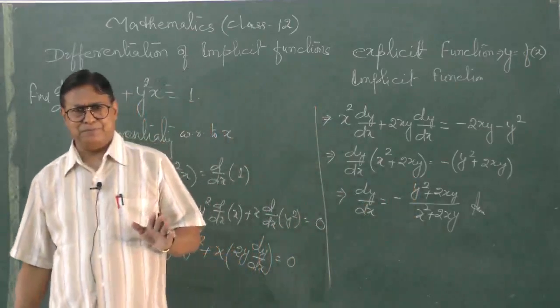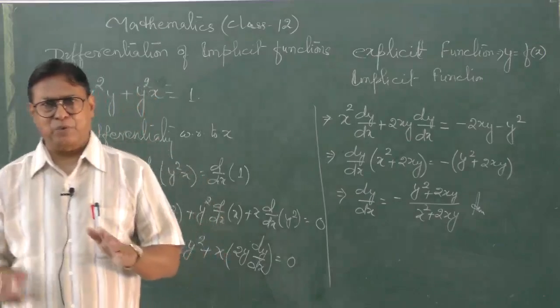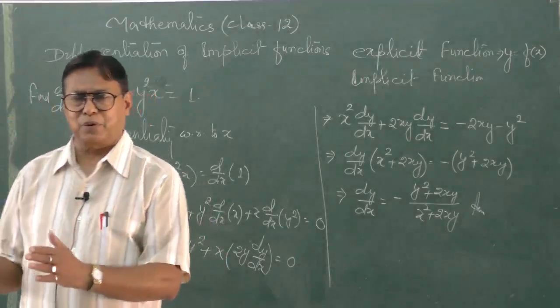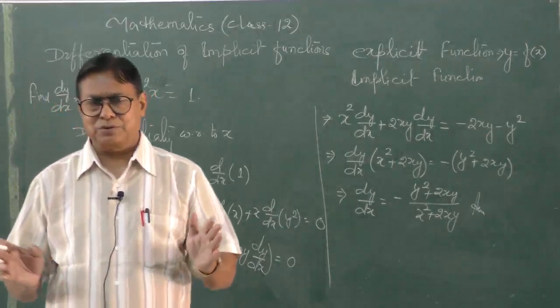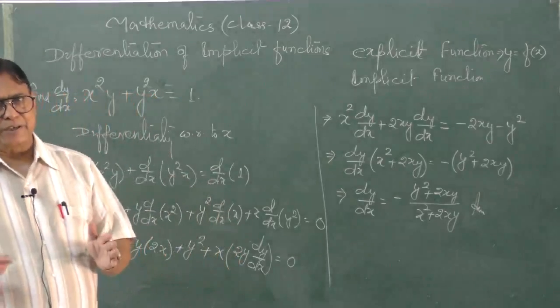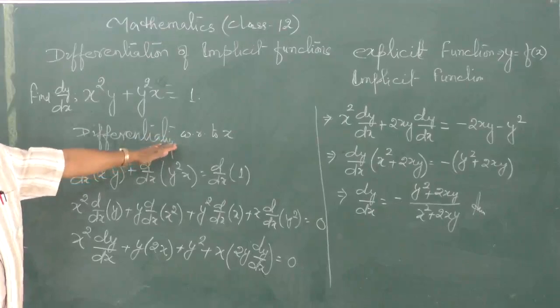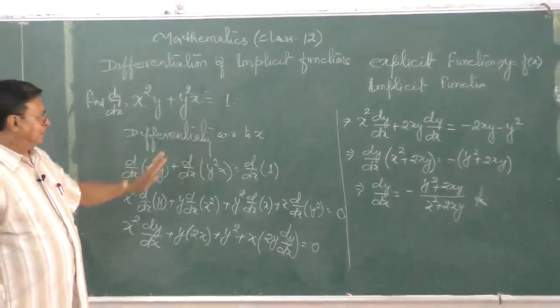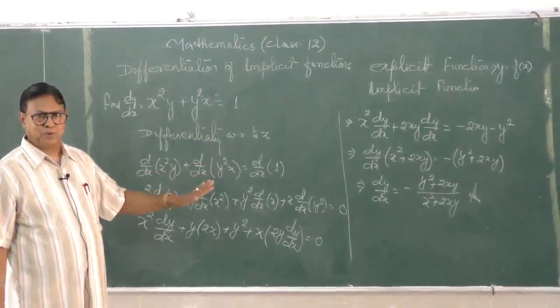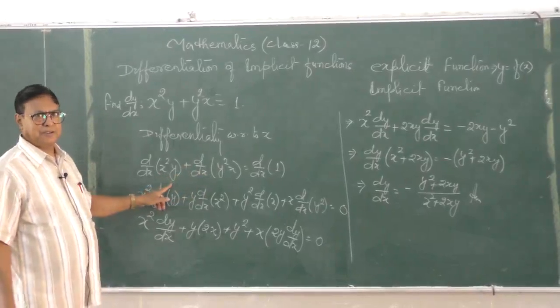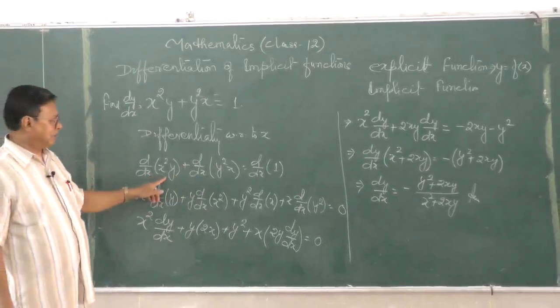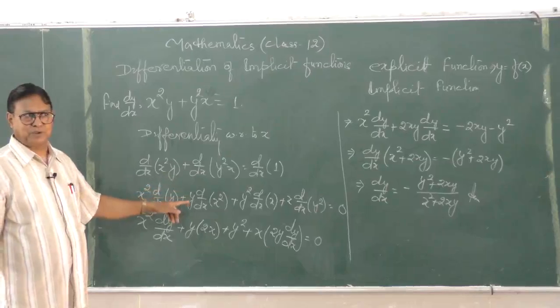So, I repeat, implicit function is when y cannot be separated from x. You do not go on separating, simply you have to find dy by dx. So, differentiating with respect to x is important to write. We follow the same rule, product of two functions: first into differentiation of second plus second into differentiation of first.